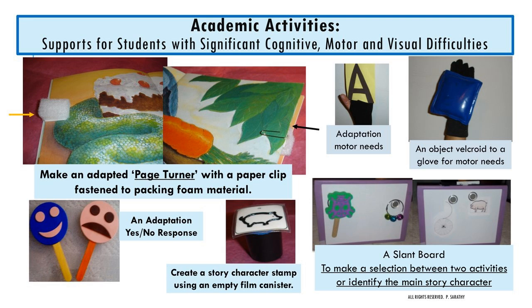Was there a pig in the story? Or was the story about a spider? You can also say, do you want to play a musical instrument, or do you want to do art, if you're having centers? So again, you have two choices, and they're pointing or eye-gazing at the object associated with that activity.